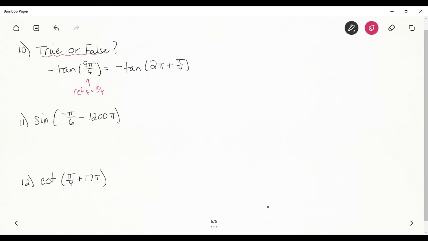This also has a reference angle of pi over 4. Since they both have the same reference angle and they're also in the same quadrant for tangent, they will be the same.